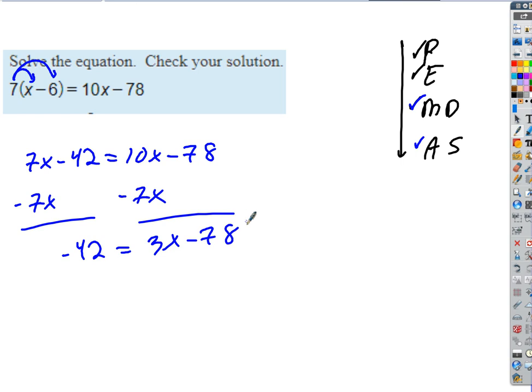Now this is a really simple example, but what would you do next? You'd add 78 first, and then what? And then divide by 3 to get the x by itself. Why are you doing that? Because now that we've isolated the variable, we can reverse order of operations and isolate it. First step, add, subtract. You bet, we're going to add 78.